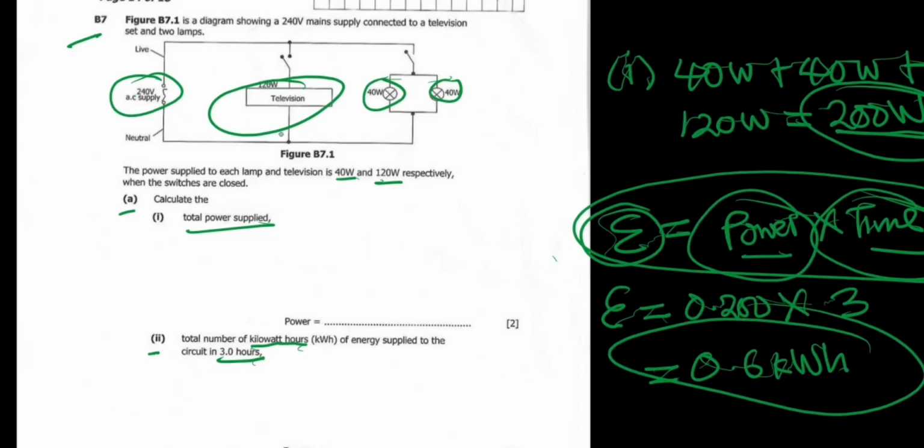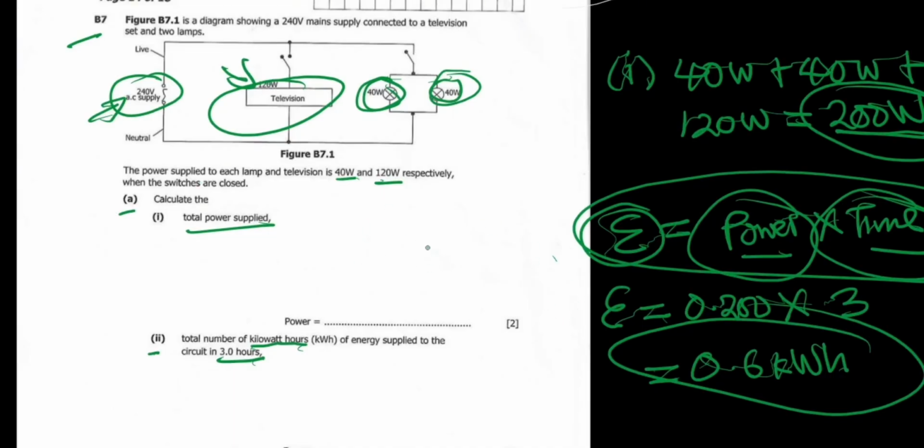Now, since this is the parallel connection, you have to understand that the potential difference across each circuit is actually the same. So the potential difference supplied to the television and the potential difference or the voltage supplied to the two lamps is actually the same. So when you're talking about the potential difference that reaches the television, it is still the same potential difference here, which is 240.